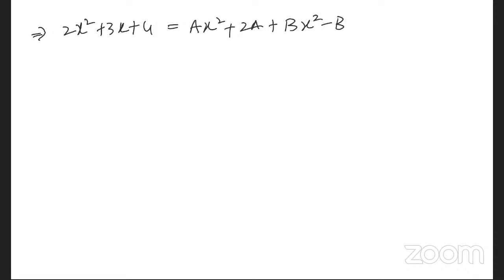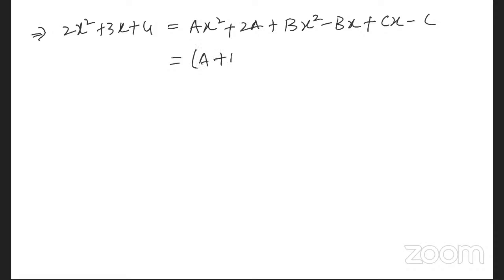So this implies 2x² + 3x + 4 is equal to Ax² + 2A + Bx² - Bx + Cx - C. So we'll take x² terms common and x terms common.